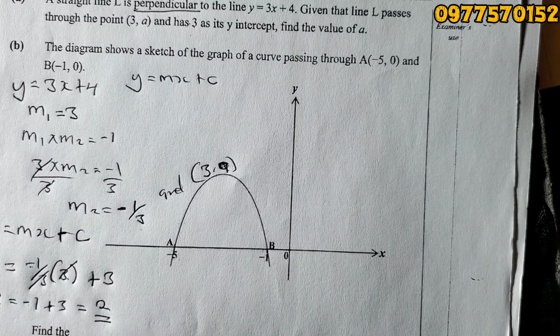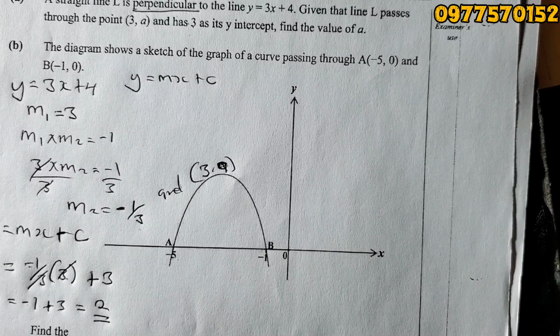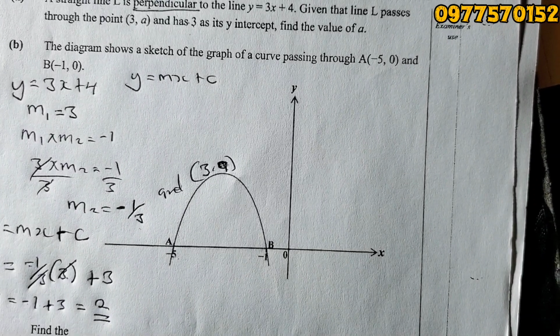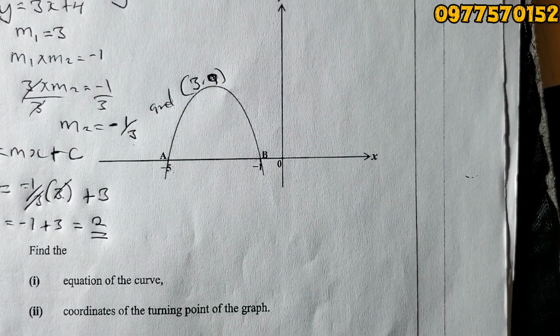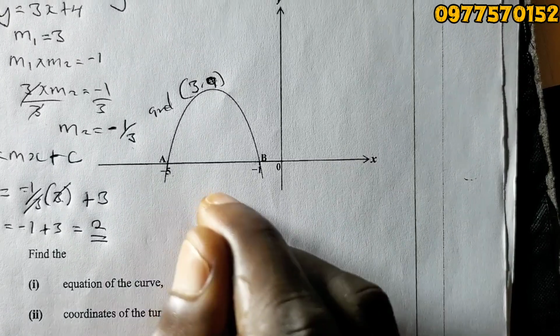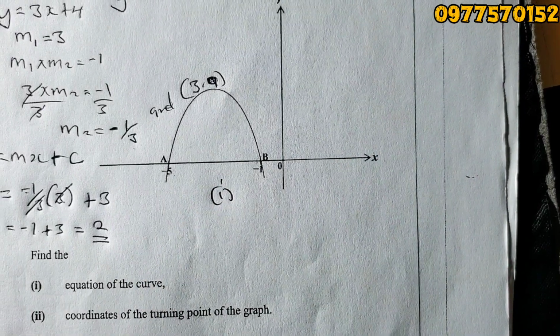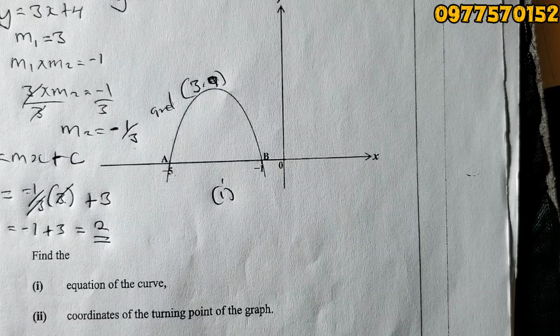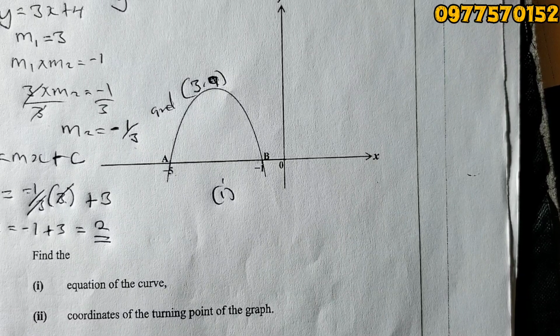Then we are told to come up with the equation for the curve. The equation for the curve is very simple. Check, guys. This is part 1. For the equation of the curve, we are going to do it like this.